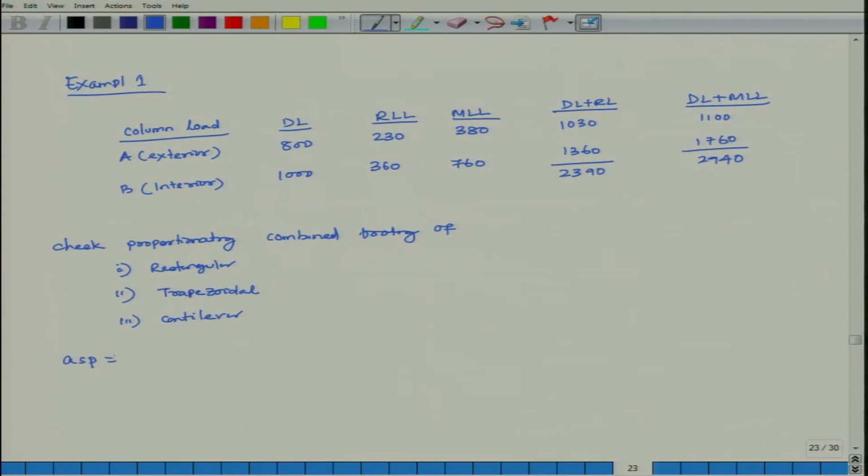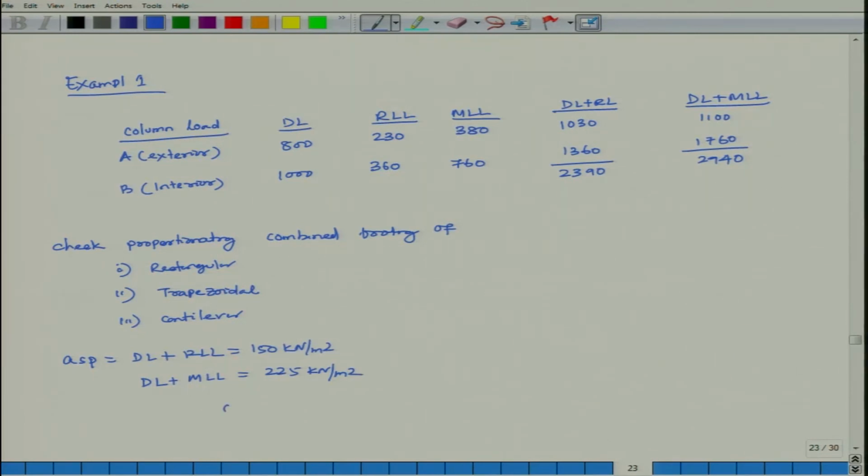Allowable soil pressure considering dead load plus reduced live load is 150 kilonewton per meter square. Also considering dead load plus maximum live load, 225 kilonewton per meter square.